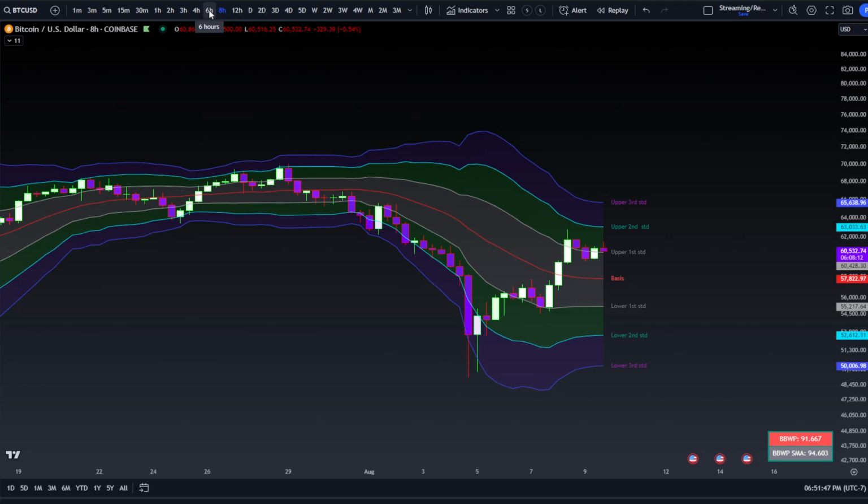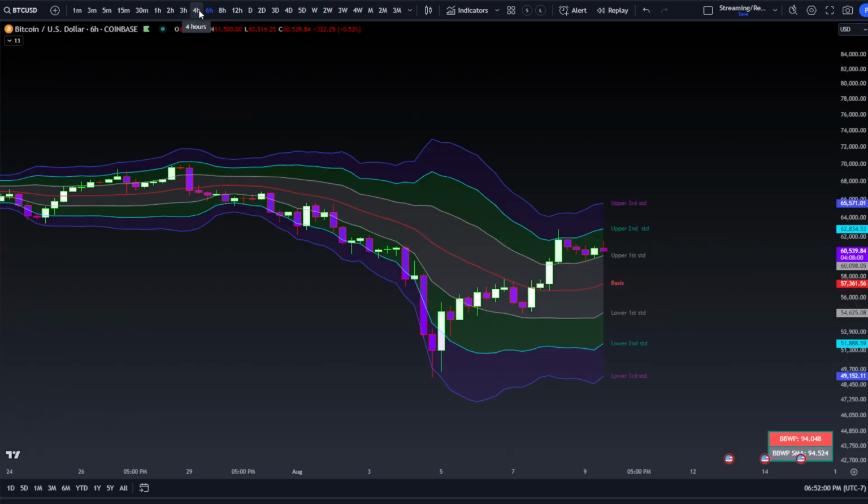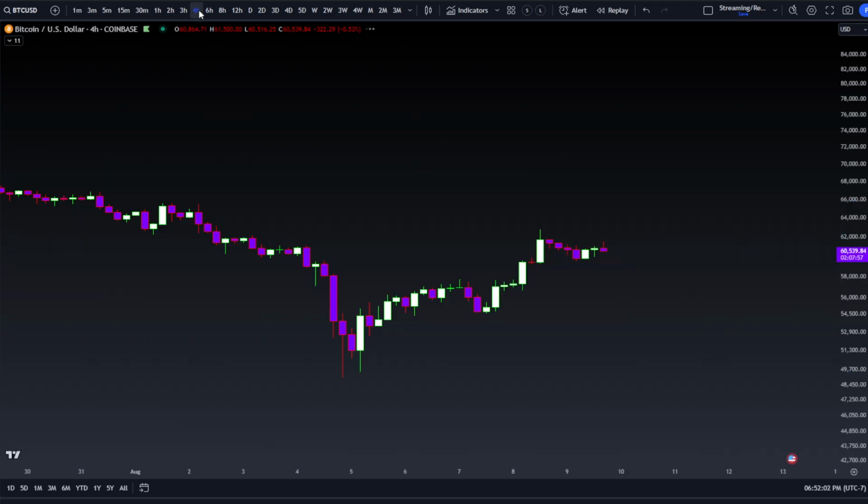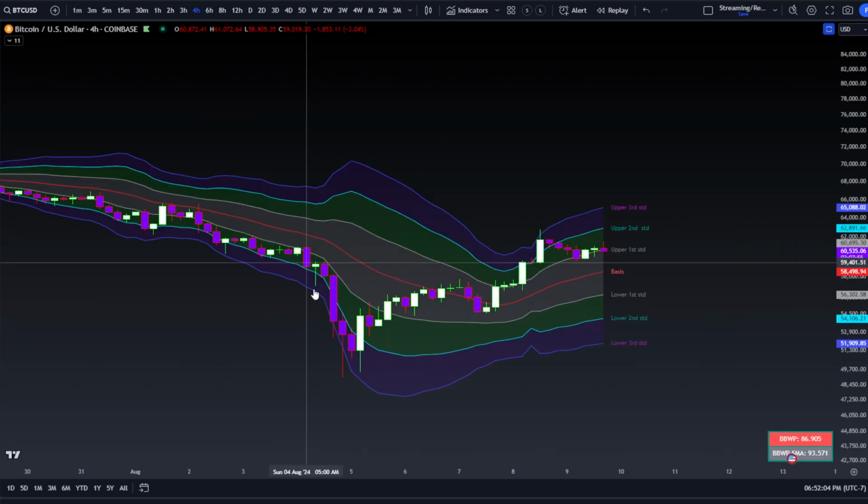Needs to close above there. That will set in motion likely a move to at least search out for liquidity higher, even if it's just $500 to $1,000 higher, and I'll show you why in just a moment. 6-hour looking the same kind of criteria. Sloppy uptrend here. Don't really care for this kind of an uptrend, to be honest with you.